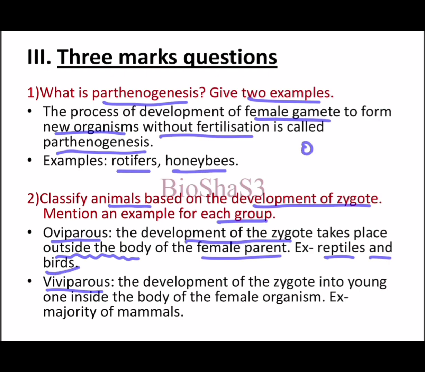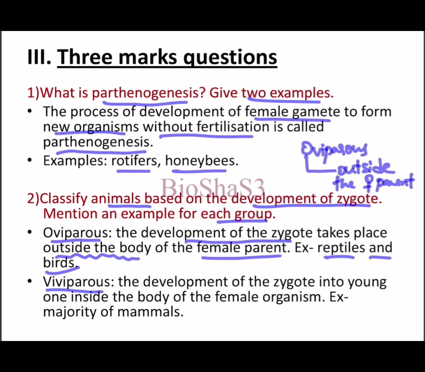So oviparous, it is happening outside. The development will happen outside the female parent, isn't it? That is oviparous, for example reptiles, birds.